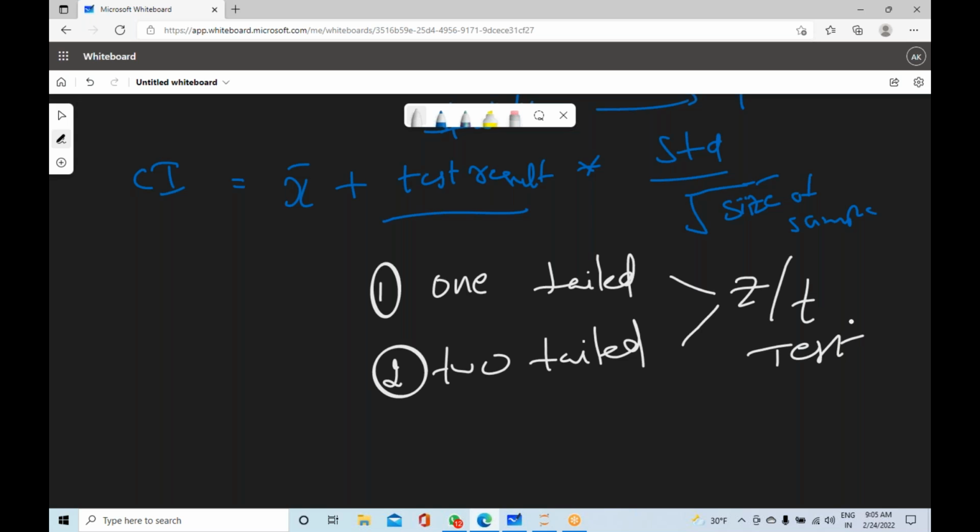That means one tail Z test, one tail T test, two tail Z test, and two tail T test. Again we have four combinations available for estimating your population parameters. Is there any question regarding this?